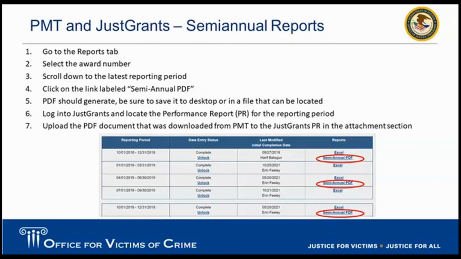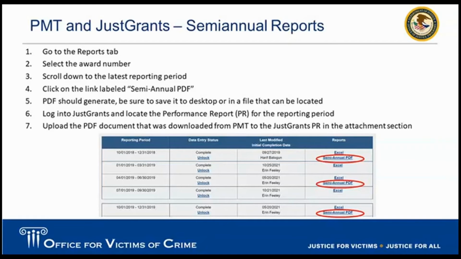So as you see, every other reporting period, so every 6 months, the semi-annual PDF will open up after you've completed your semi-annual report. You will click on that and it will generate a PDF that you can then save to your desktop or anywhere. Just make sure you can locate it, and label it accordingly so it's easy to find.